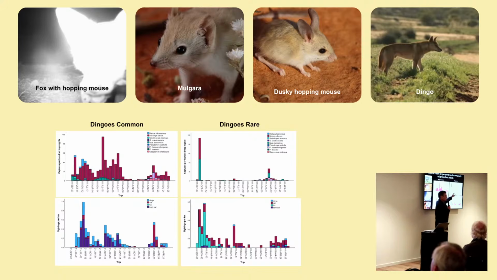This graph here is mainly these dusky hopping mice, which is a beautiful animal. In fact, I know that we've caught about 6,500 dusky hopping mice in that period in South Australia, and on this graph, where it's really quite blank, we've caught 453.